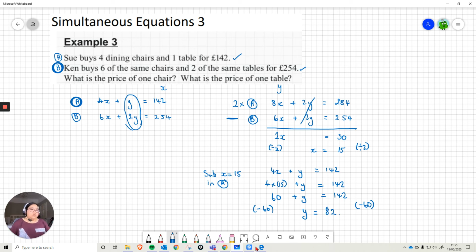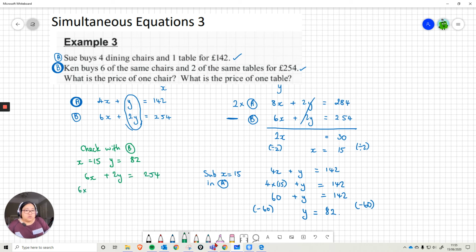Now I'm just going to double check with equation B just to make sure I haven't made any mistakes. I'm going to substitute x equals 15 and y equals 82. I've got 6x plus 2y equals 254.